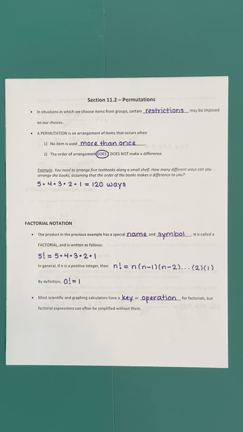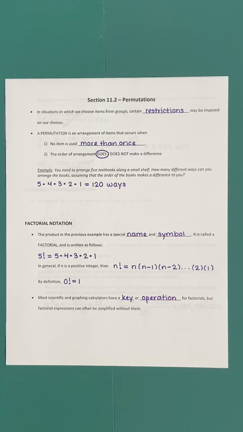So a permutation is an arrangement of items. We can't use anything more than once, and rearranging makes a difference. Each arrangement is considered separate and unique from each other arrangement. An example of a permutation where we can use what we know about the fundamental counting principle: suppose you need to arrange 5 textbooks along a small shelf. How many different ways can you arrange the books, assuming that the order makes a difference to you?